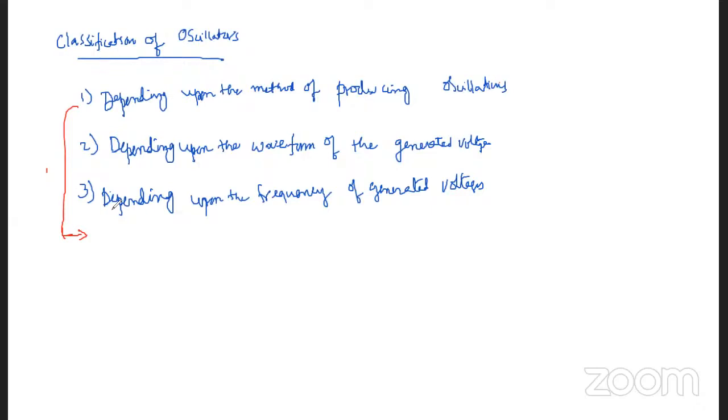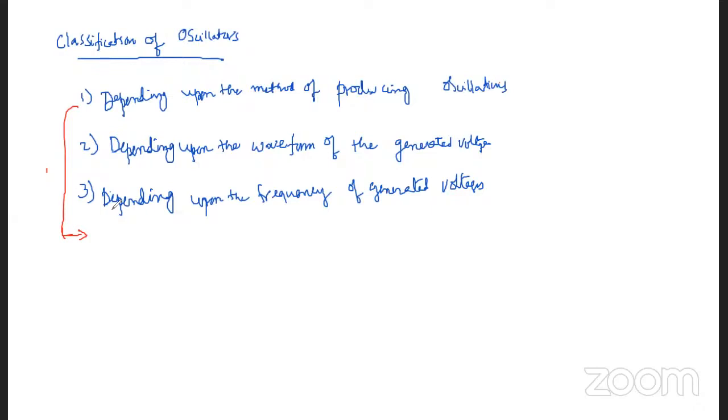Thus an oscillator is an amplifier which obtains its input not from a separate AC source, but by positive feedback from its own output. Accordingly, an oscillator is a positive feedback amplifier whose voltage gain is infinite. So this is one type under depending upon the method of producing oscillations.